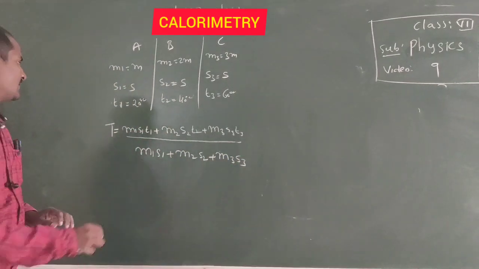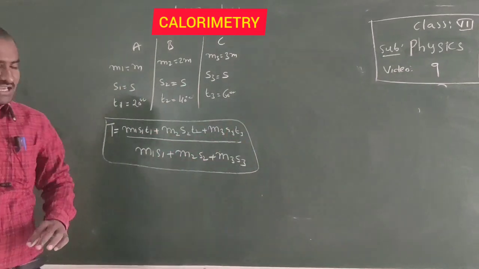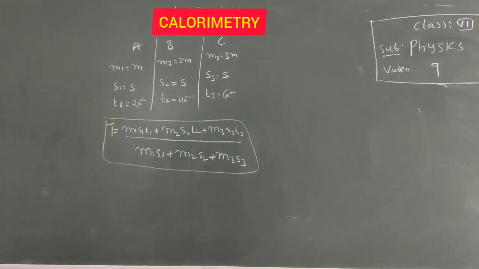It is the formula to find the resultant temperature of A, B, C mixed together.